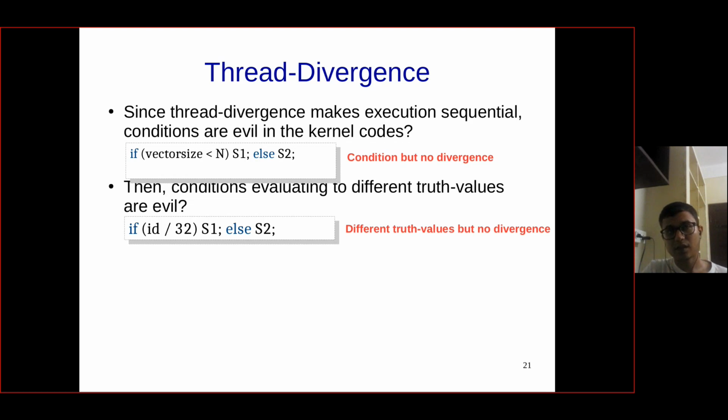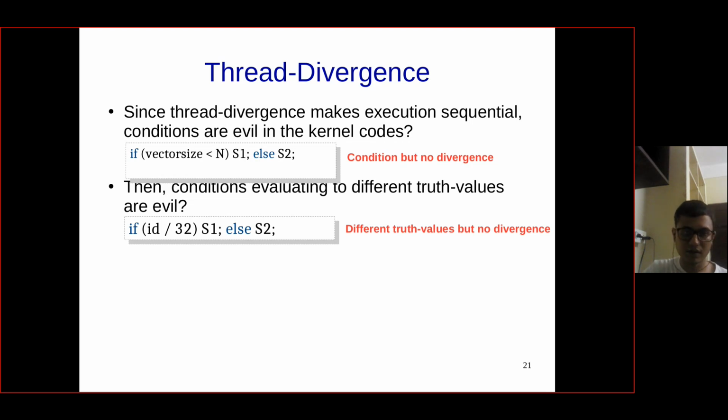Let us say that we launched the kernel with 64 threads this time, and let us see if there is divergence. For threads 0 to 31, this if condition will be false, and for threads 32 to 63, this if condition will be true. So threads 0 to 31 will be executing s2, and threads 32 to 63 will be executing s1. Here the condition evaluation is different for different threads, right?